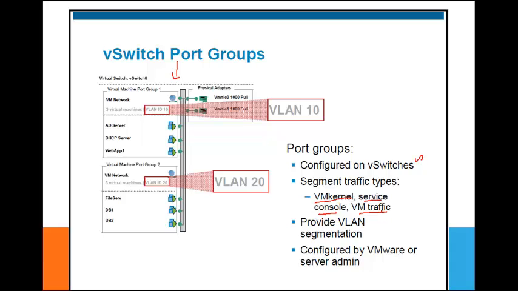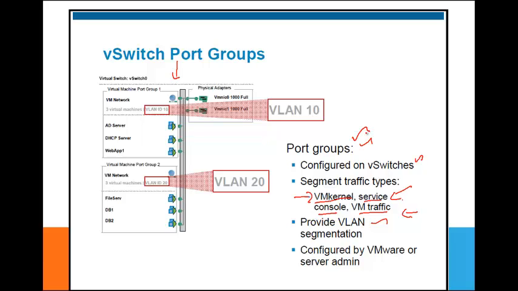So in order to put them on different tracks, not only VLAN, we also need the port group. Only through port group can we say which VLAN the VM kernel, service console, and VM traffic belong to. We don't do anything on the interface because it's not a physical interface. We just create port groups.